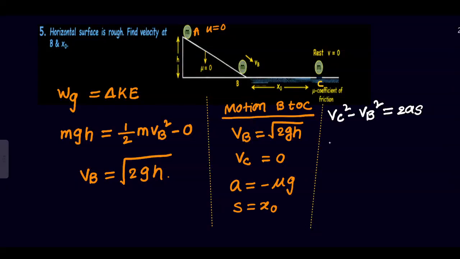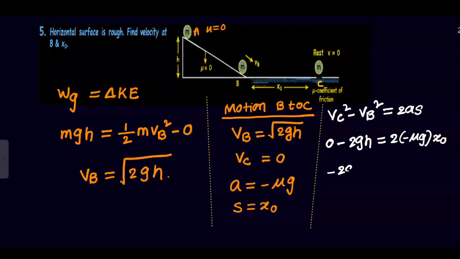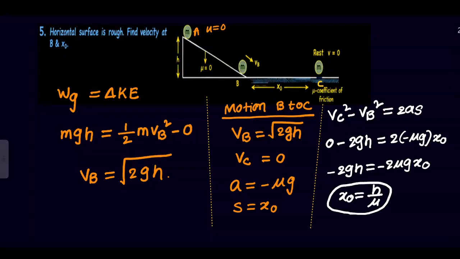Vc is 0, so 0 minus 2gh is equal to 2 into a, which is minus mu g, into s, which is x naught. So we get minus 2gh equal to minus 2 mu g x naught. How much will this x naught value come? h by mu. This much distance the block will travel.